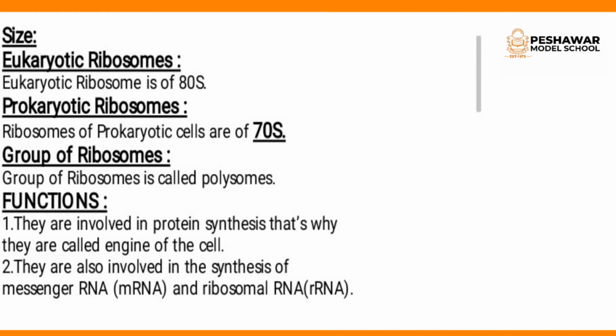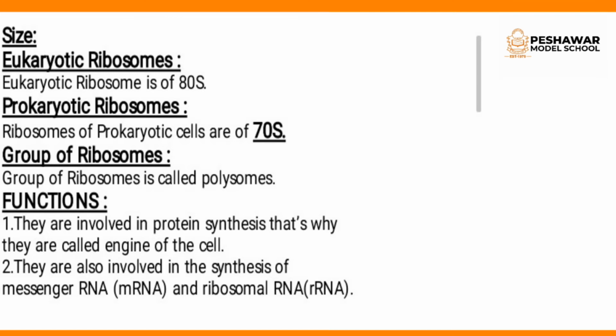As I told you, S is the Svedberg unit, named after the scientist who discovered these units, the large unit and the small unit. Why did they discover the large unit and small unit? Because the eukaryotic ribosomes are large, that's why they are composed of large subunits, while the prokaryotic ribosomes are small in size, that's why they are made up of small subunits. So S denotes Svedberg. Clear? So eukaryotic ribosomes are 80 Svedberg and the prokaryotic ribosomes are 70 Svedberg.